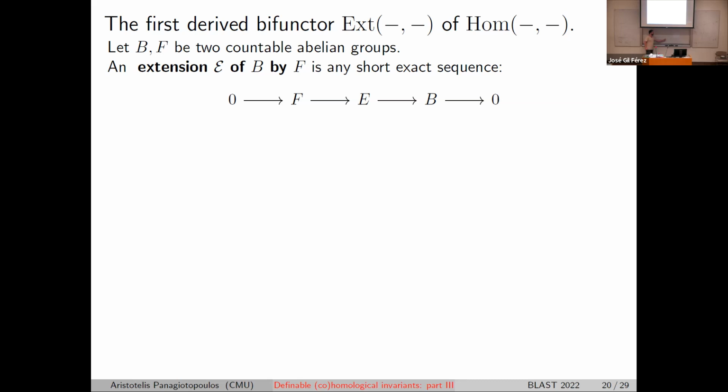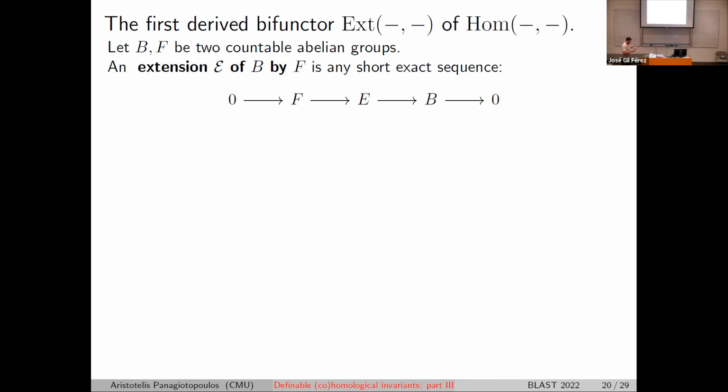We can just take the direct product, direct sum, right? If B looks like that and F looks like that, this looks like that. So this projects, and if you take the zero here, the kernel will look like the fiber that has been injected. Right?